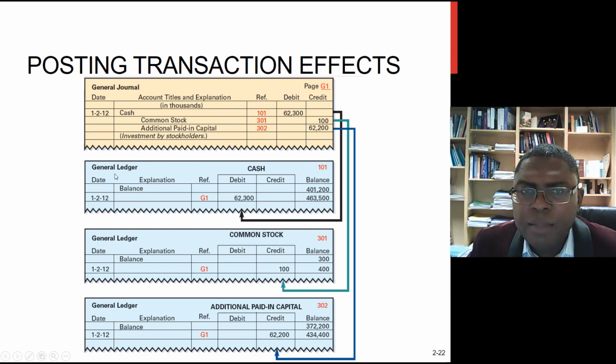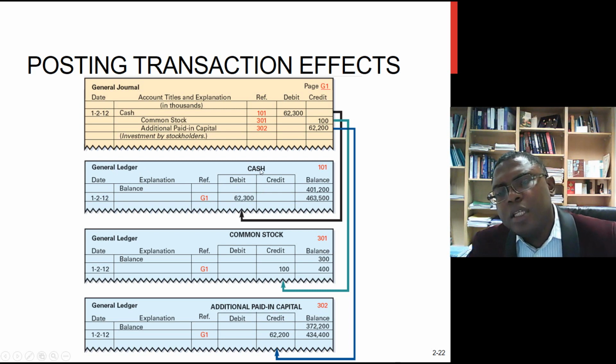When we post from the general journal to the general ledger, we post on T accounts for the different accounts affected. In that first transaction we had the cash account, common stock account, and additional paid in capital account.